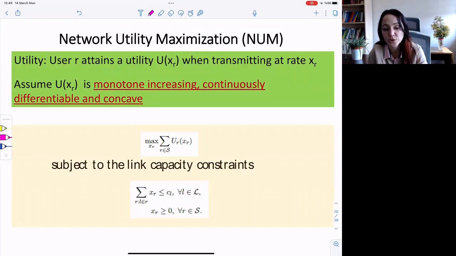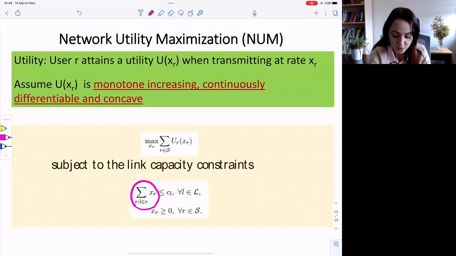So overall users, find those users that use that link l. When you sum their total rates, this sum should be at or below the capacity of the link l. Moreover, of course, the rates are non-negative. So how do we solve this problem?